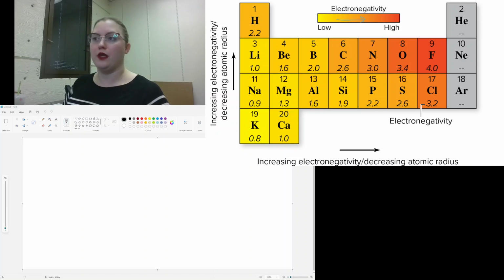You can see on this subset of the periodic table that yellow is mostly in the bottom left and red is mostly in the top right. So our electronegativity goes up along this blue vector here.